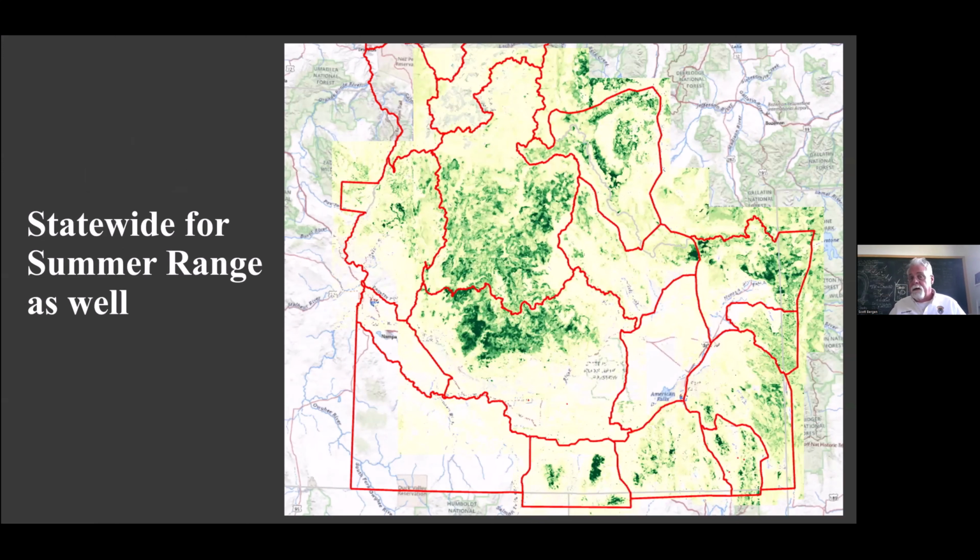Rob and I are in our preliminary reviews of what's actually happening with summer range, again, across the whole state of Idaho, and we're reviewing and modifying our summer range models as we go along, and we coordinate with our wildlife managers and our boots on the ground and people that really know this data.